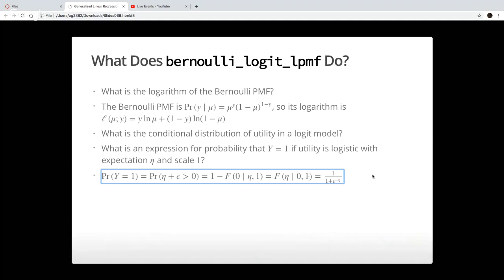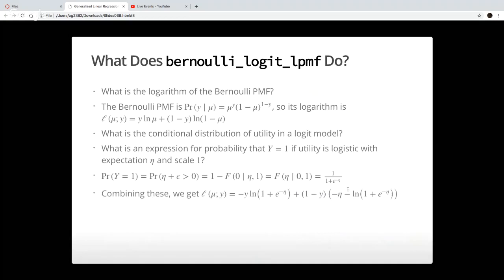And as we talked about before, the standard logistic CDF is 1 divided by 1 plus e to the negative eta. So the success probability is given by this expression here. And eta is a function of x, namely alpha plus beta times x. So that's how we work that out.